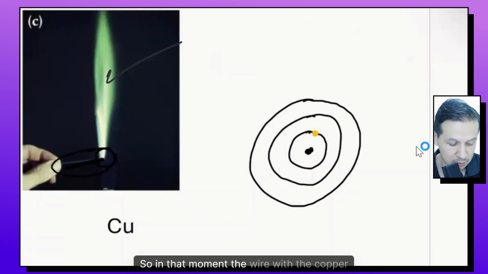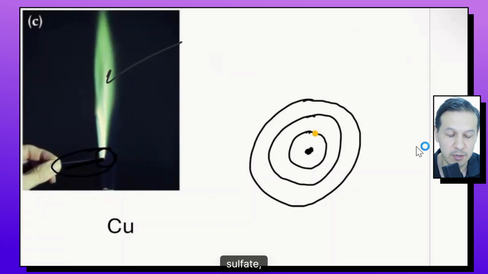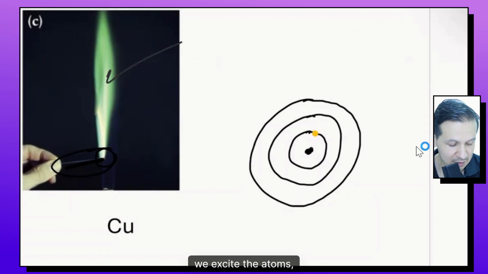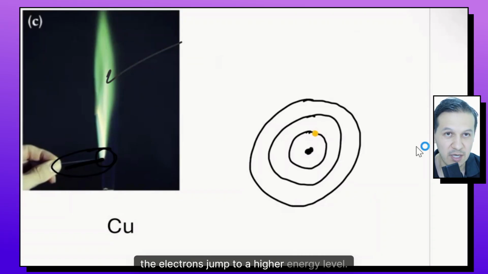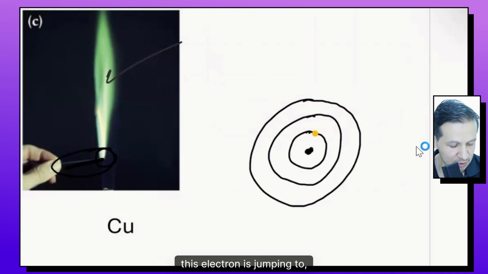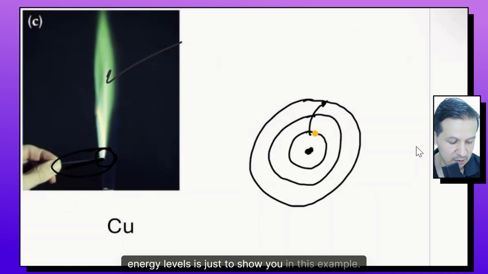With the wire with the copper sulfate, we are exciting some atoms. In the moment that we excite the atoms, the electrons jump to a higher energy level. In this case, this electron is jumping to, let's say, the third energy level. Different energy levels are just to show you in this example.